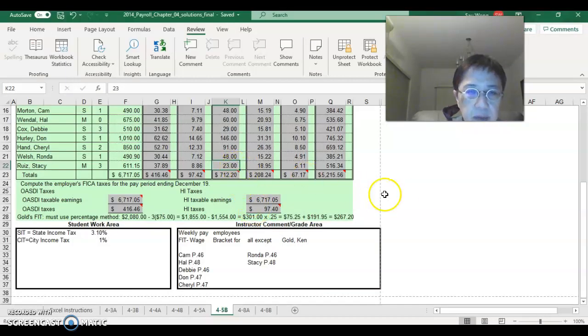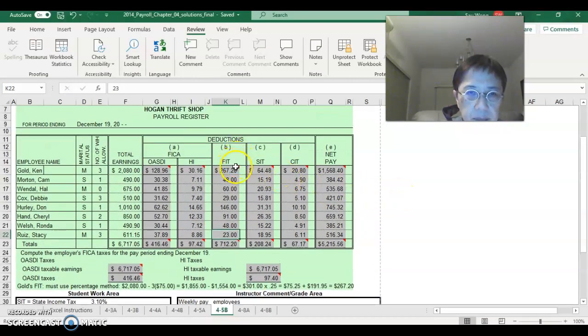Okay, $23. And for the state income tax, you take the F column, F15, times the 3.1% converted to decimal, 0.031. You see the formula here, 0.031. And this one is the same.